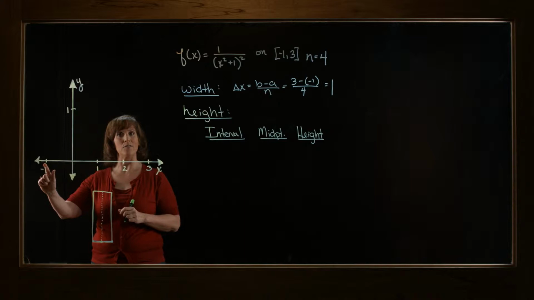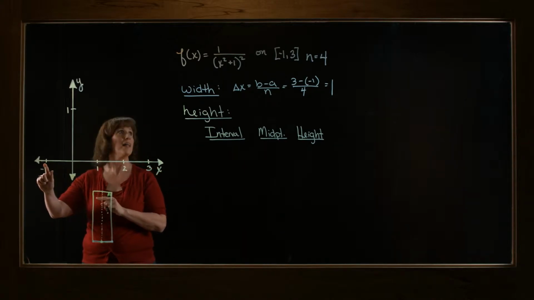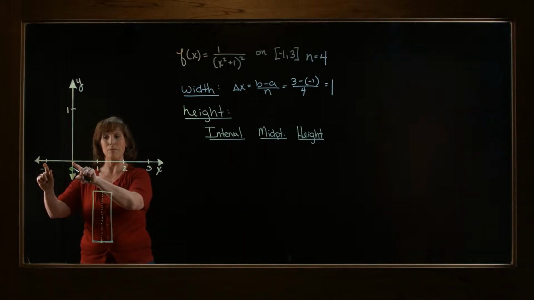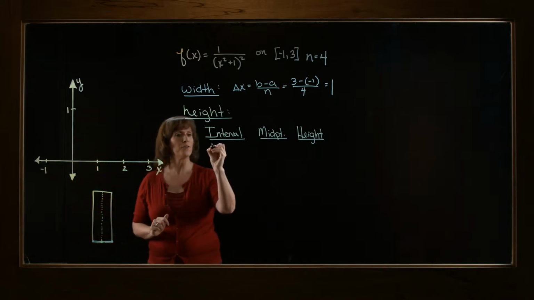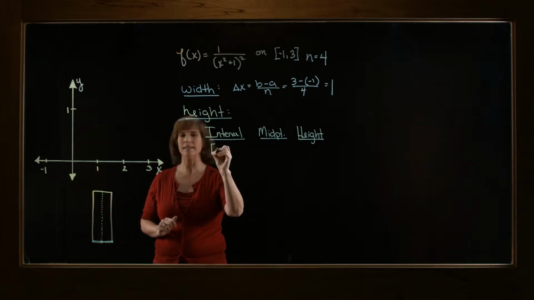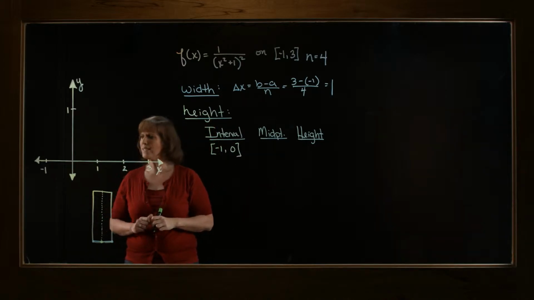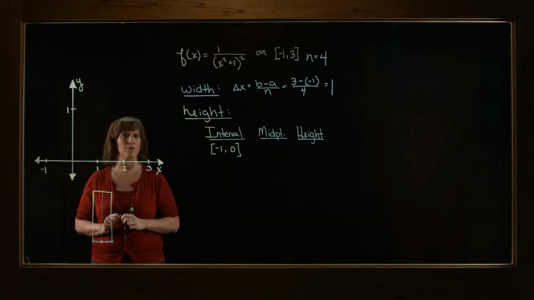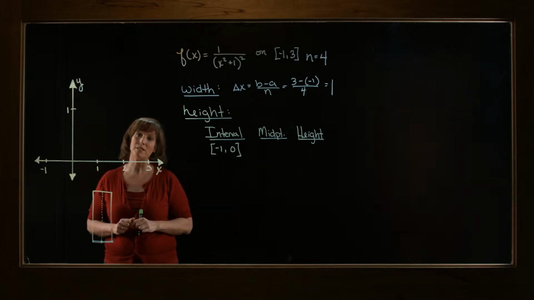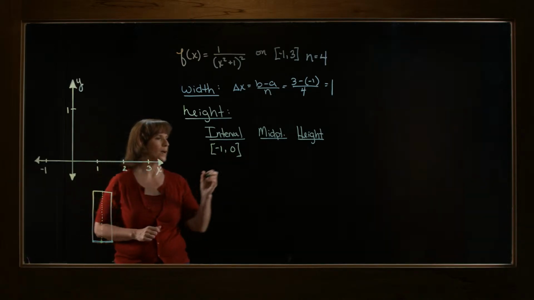I'm starting at -1, and I know my first rectangle has length 1, so that will take me to the point 0. So my first interval is from -1 to 0. What's the midpoint of that interval? Well, if you add these two numbers together and divide by 2, you get -1/2, which is the midpoint.